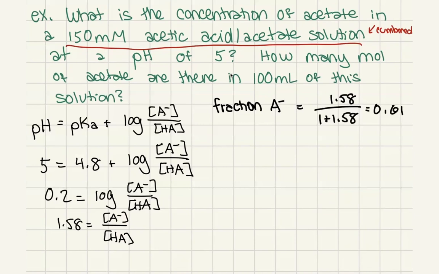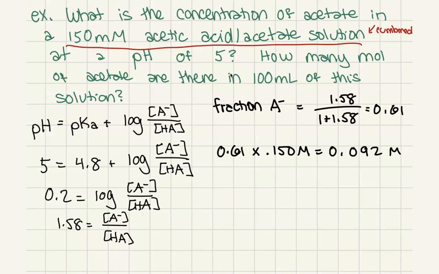Thankfully, we know the final concentration, so all we have to do is multiply this by that final concentration. So we just take our 0.61 fraction times 0.150 molar, and that's going to give us 0.092 molar, which is the same as saying 92 millimolar.